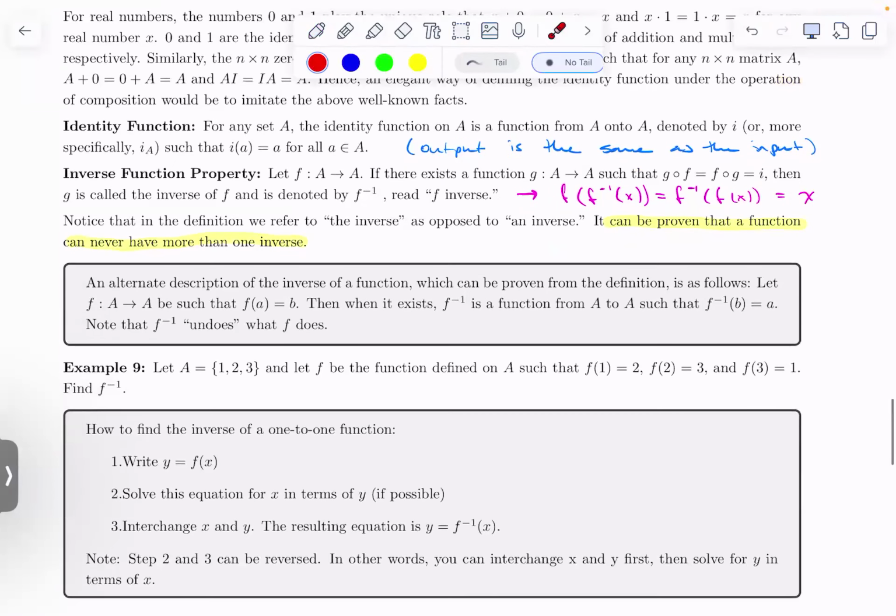And so the inverse of a function is the function that undoes f. So whatever f does, the inverse of it undoes it. So it's not the reciprocal or anything weird like that.